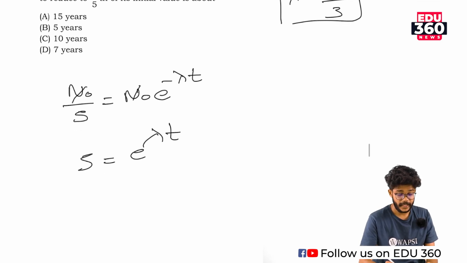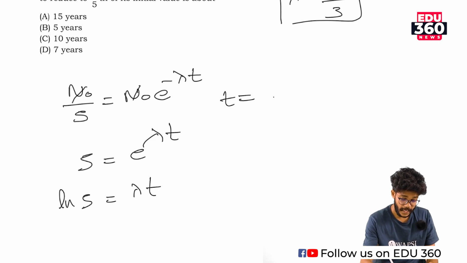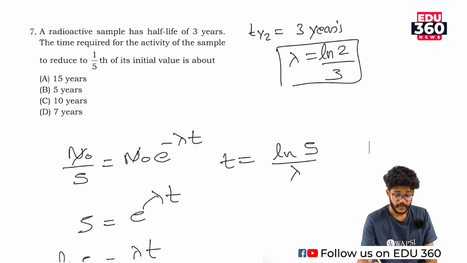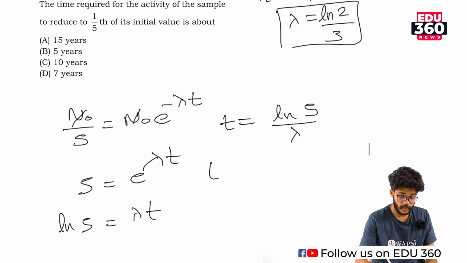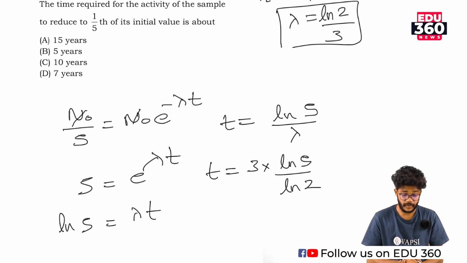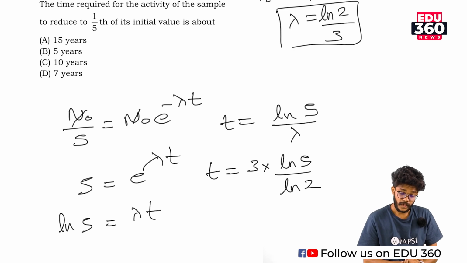By taking the logarithm on both sides, ln5 is equal to lambda t, and t is equal to ln5 divided by lambda, and lambda is ln2 by 3. So t is equal to 3 into ln5 by ln2. ln5 by ln2 is approximately 7 by 3.